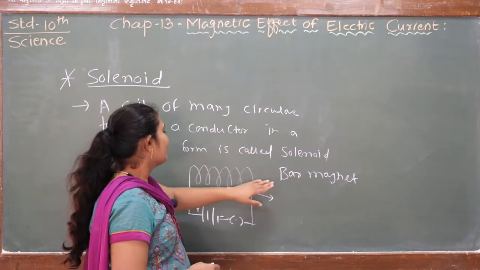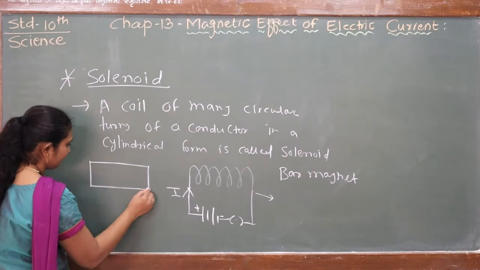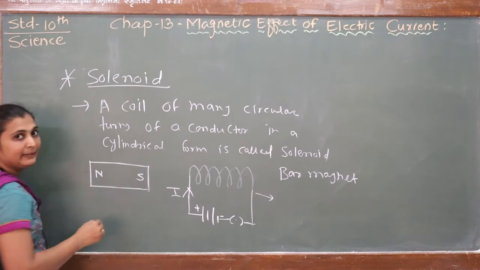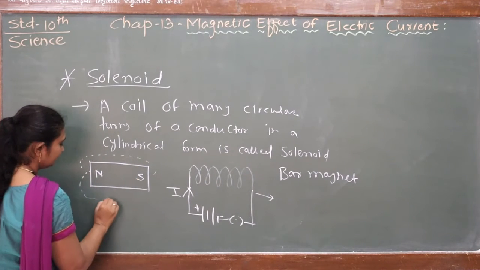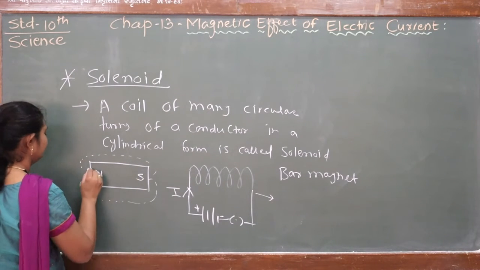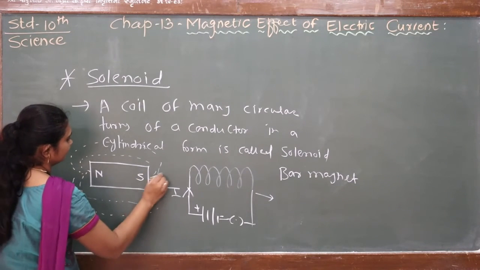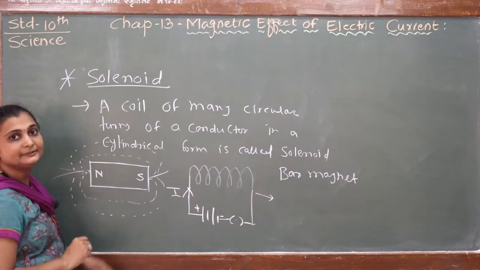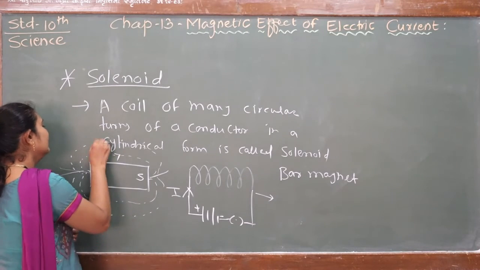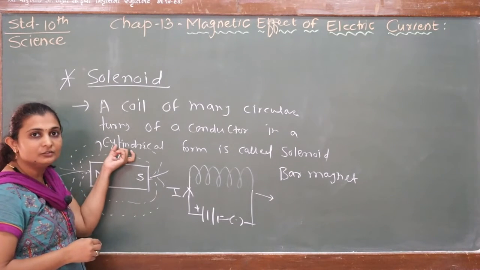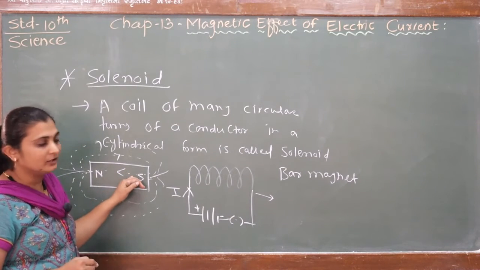Using a bar magnet, we obtain a magnetic field like this, and the direction of the magnetic field outside the bar magnet is from north to south, and inside the magnet it is south to north.